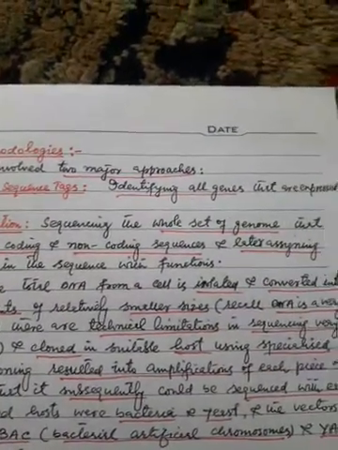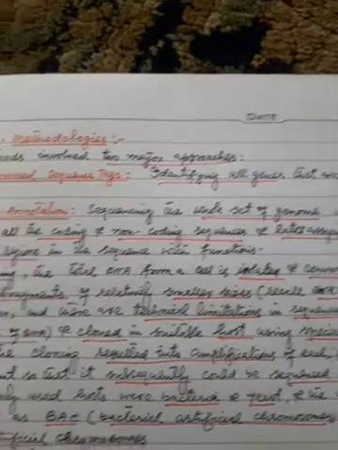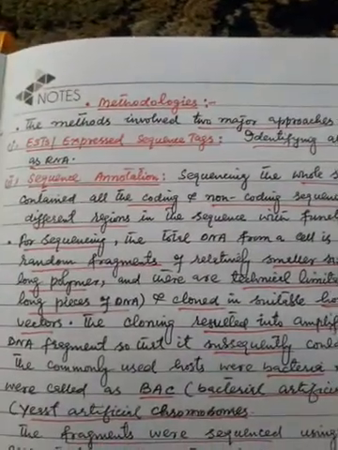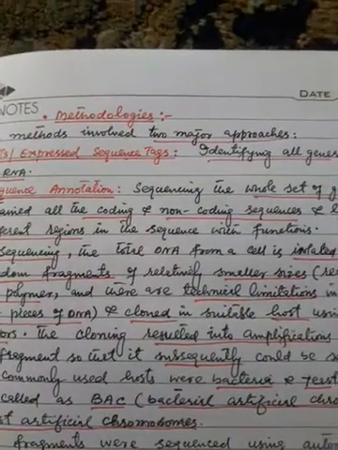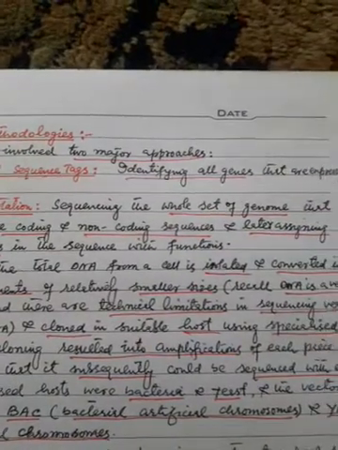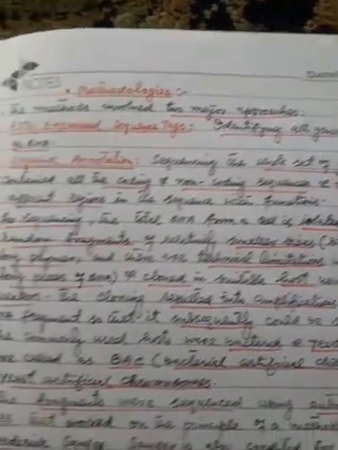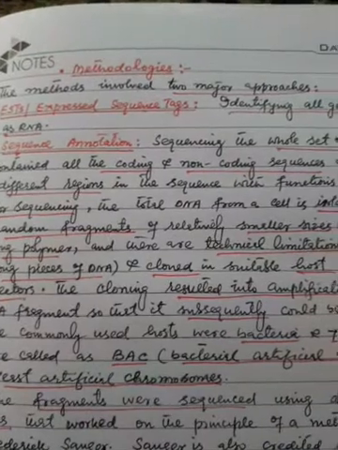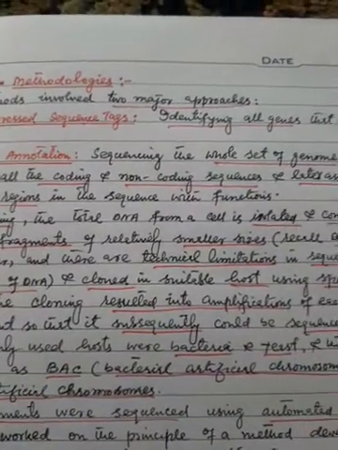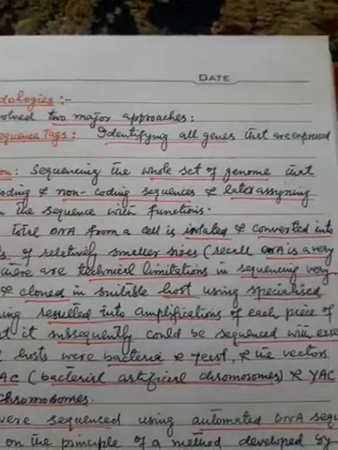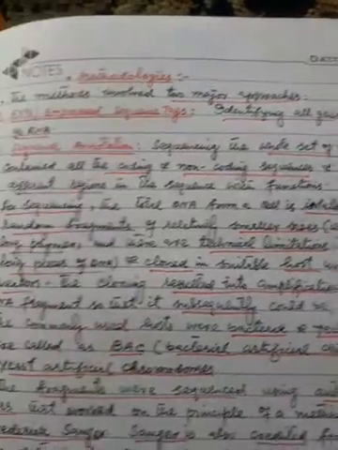The fragments were cloned in suitable host using specialized vectors. The cloning resulted into amplifications of each piece of DNA fragment so that it subsequently could be sequenced with ease.